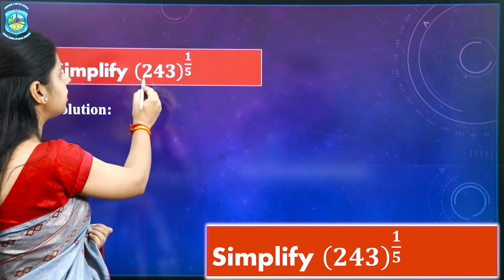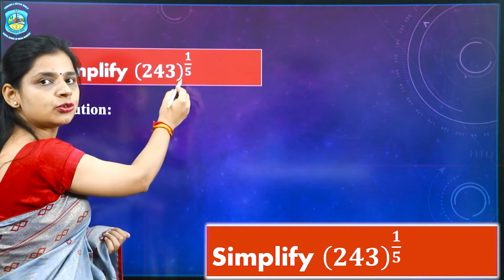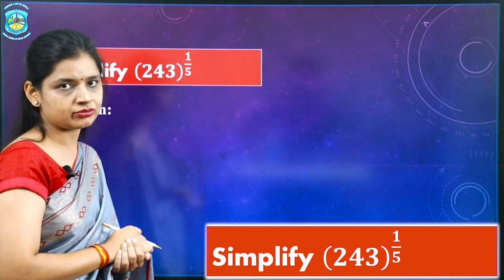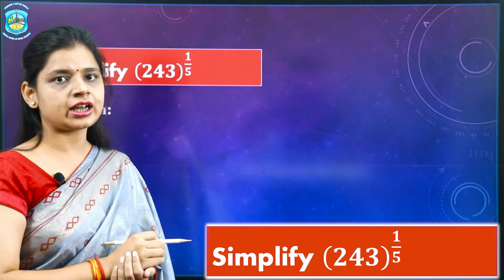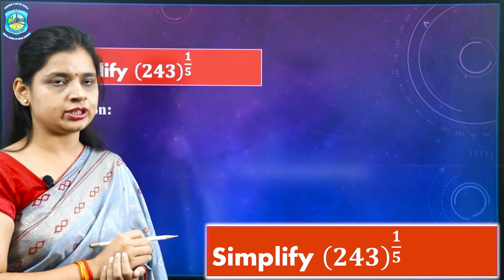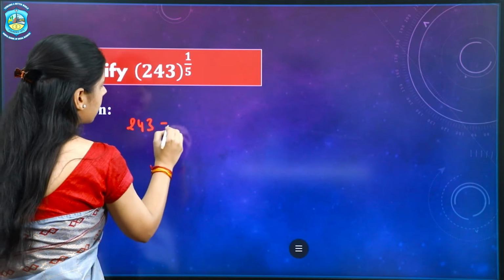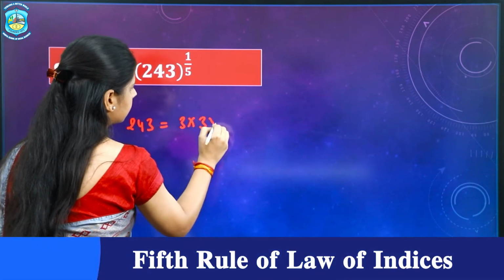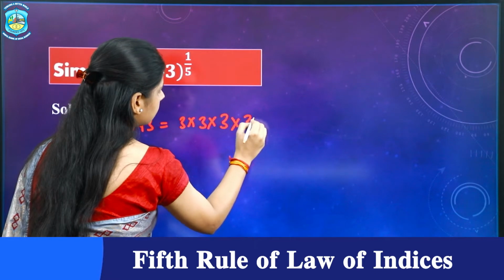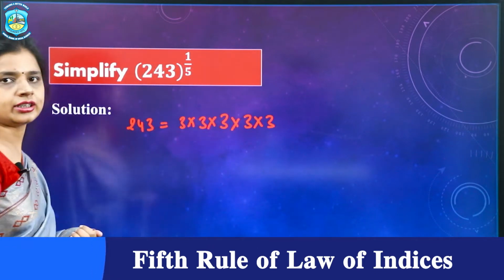Here we have to simplify the expression 243 to the power 1 by 5. First, we will find the factors of 243, and the factors of 243 are 3 multiplied with 3 multiplied with 3 multiplied with 3 and 3.